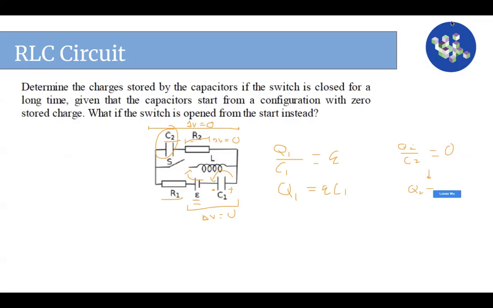So this is the case where the switch is closed, and we're leaving the switch closed for a very long time. Pretty simple, right? By the way, you can see there's an inductor here, and you might think, does that change anything? Okay, the switch is closed.